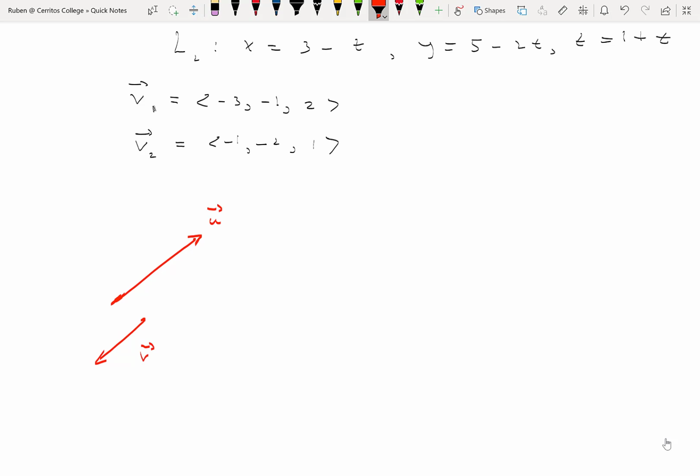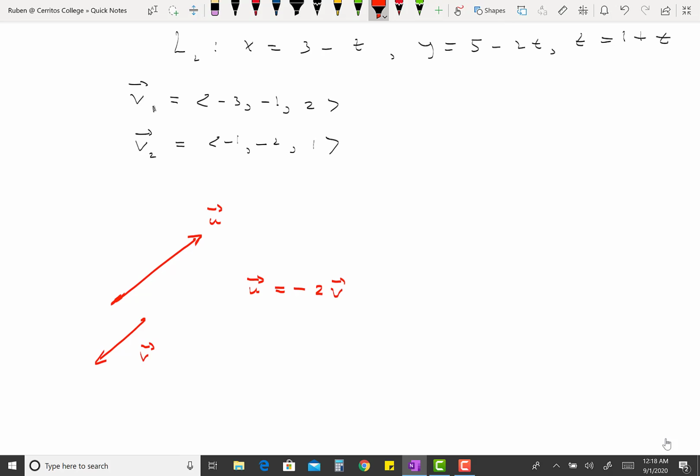If you place them on lines, these two lines would be parallel. Now it looks like, the way I've drawn them, that u is twice as long as v but points in the opposite direction. So it looks like u is equal to -2v, and that's how you determine if you have parallel.